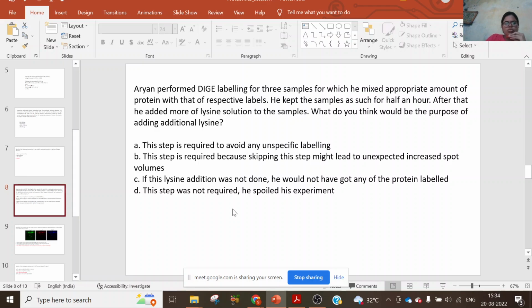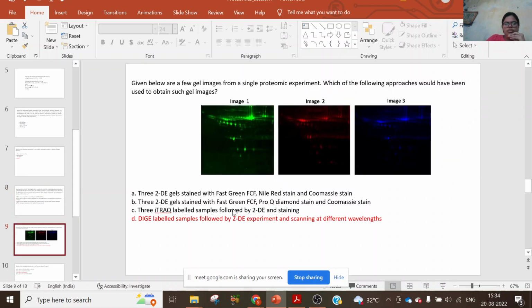So let us move to another question. I have forgotten to remove the options here. Here are 3 images given. Given below are a few gel images from a single proteomic experiment.